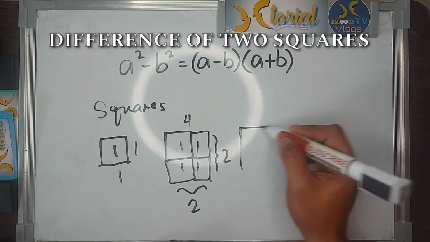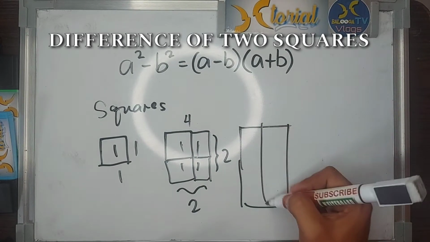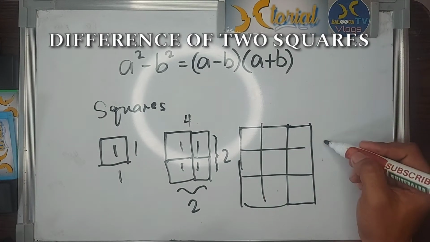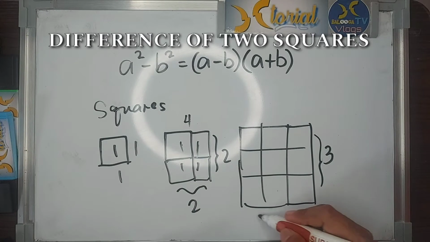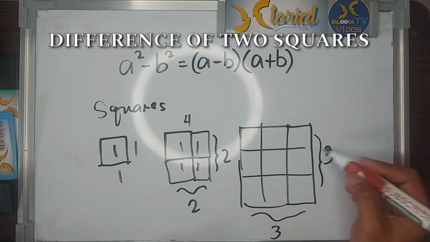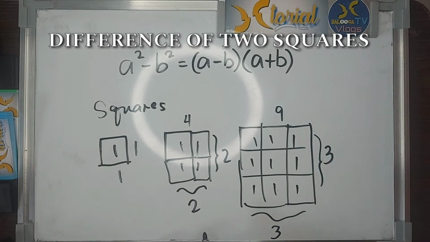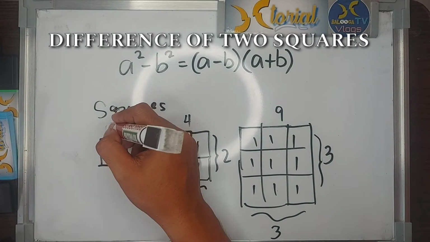So, gawin naman natin 9. Okay, so we have 3. Yung dimension nito, 3. So, ano yung product? It is 9. So, dito pa lang makikita na natin yung pattern.